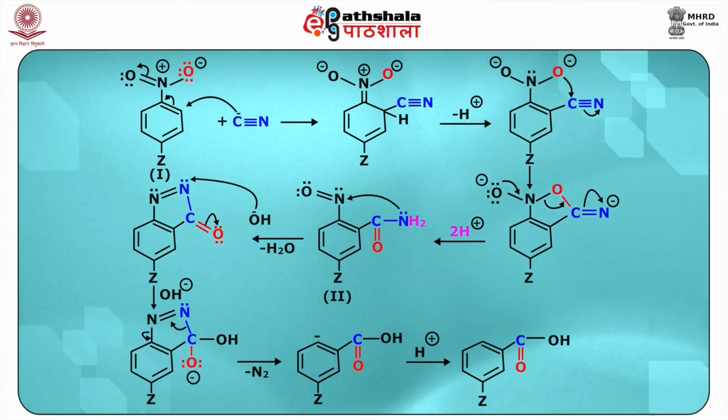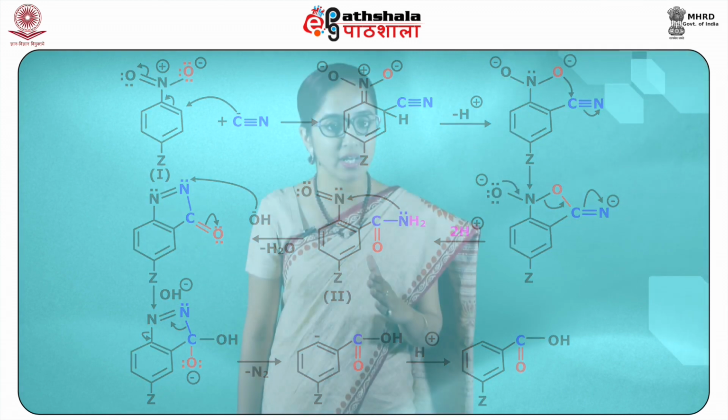Now, the mechanism of this reaction is clearly given to you here. These are extremely useful reactions to bring about the introduction of carboxylic acid functionality in the aryl ring. That means the important reactions are the von Richter reaction as well as the Chichibabin reaction, which we have discussed in detail.